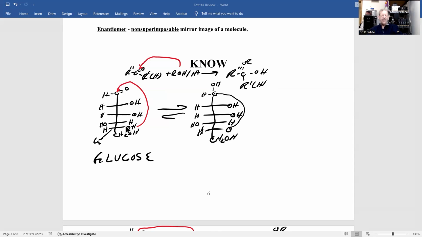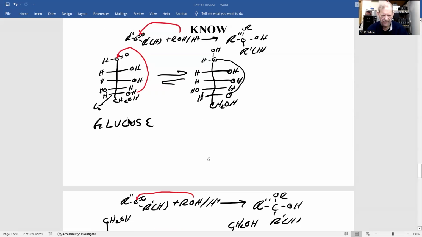And this hydroxy group on carbon 5, remember the carbonyl is 1, 2, 3, 4, 5, this is glucose, attacks the carbonyl and forms this hemiacetal here. And you should know this. If I give you this and this, you should be able to write the product. If I give you the product, you should be able to write or name the starting material. And this is glucose. I will not ask you on tests to draw the structure of glucose.